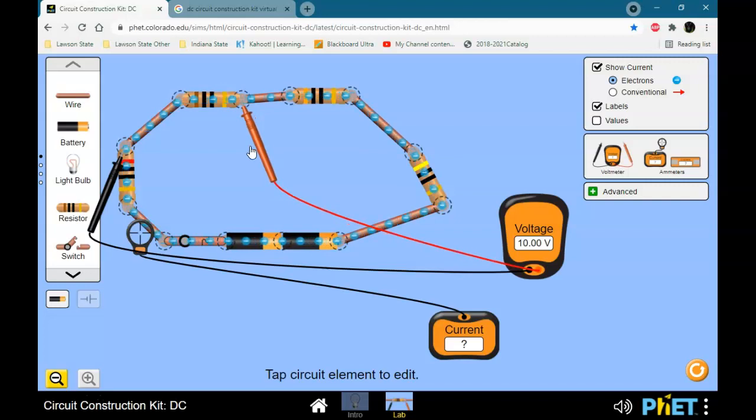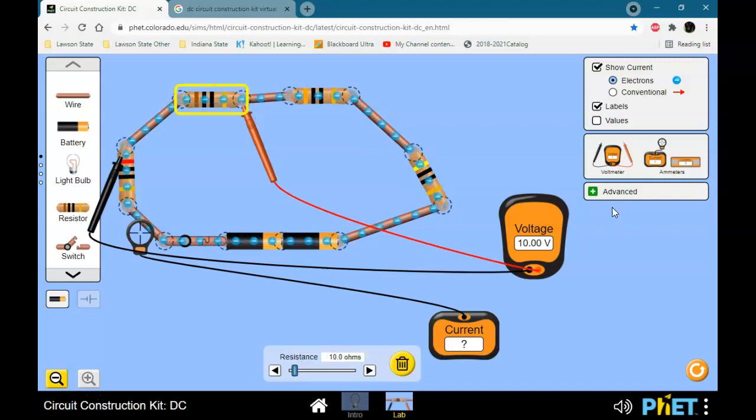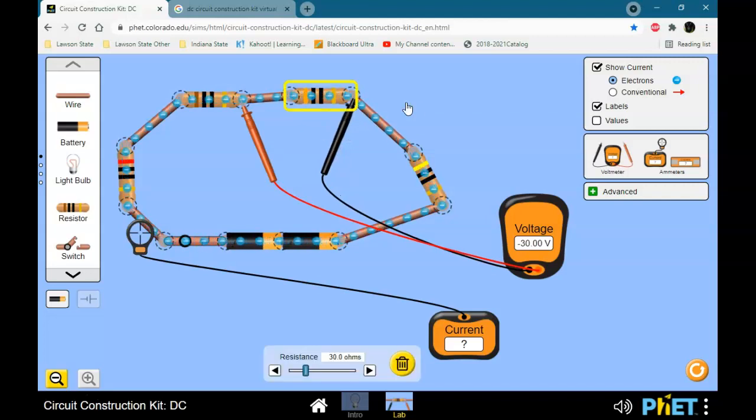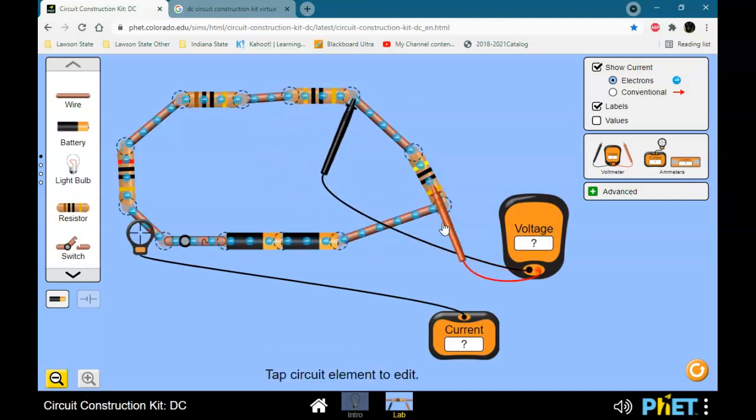The one I left at 10 ohms has 10 volts. This guy's 30 ohms, 30 volts. And then you've got 40 ohms and 40 volts. Does that make sense?